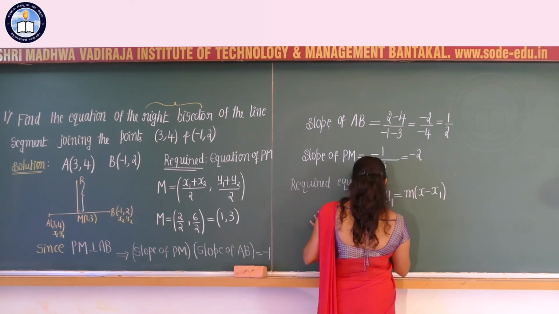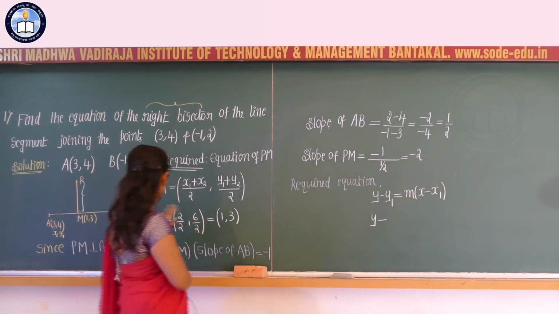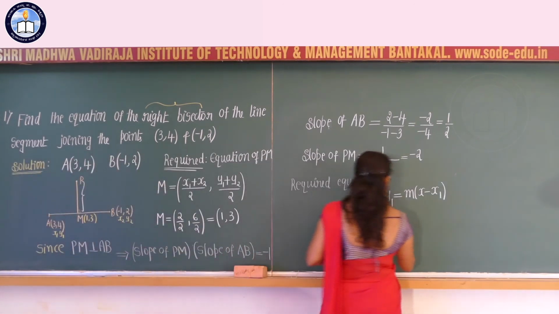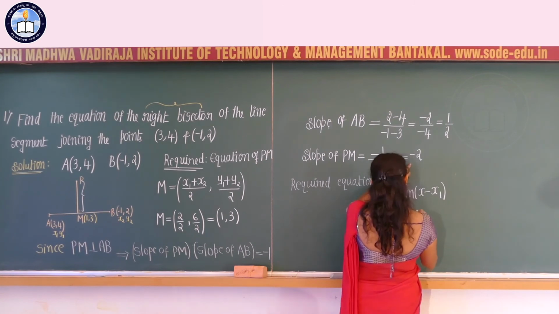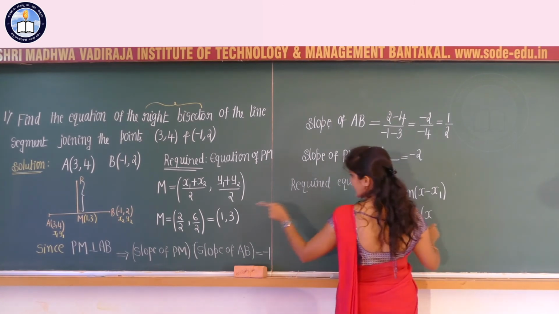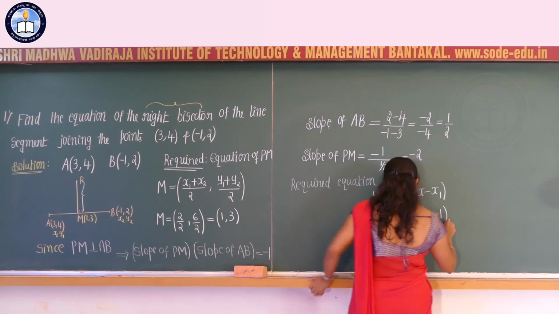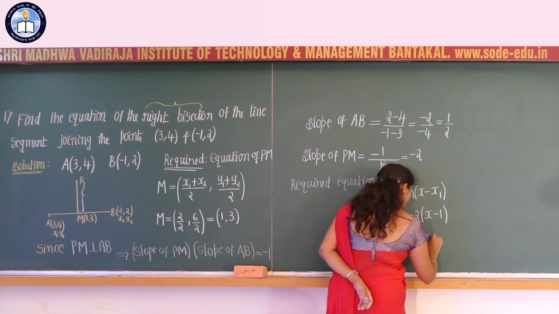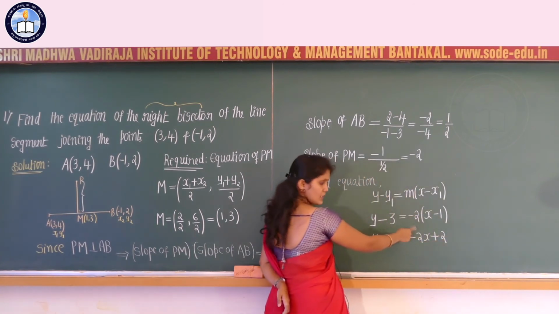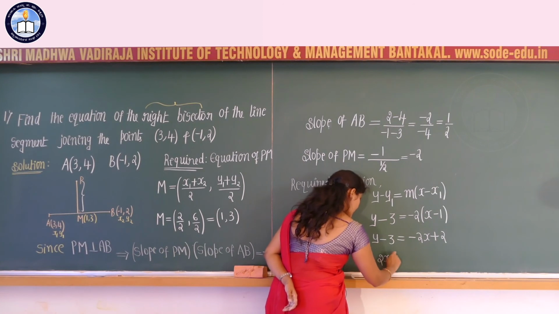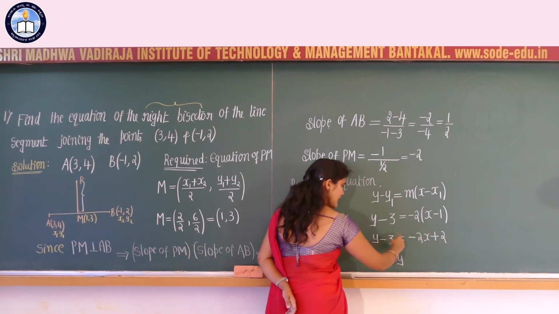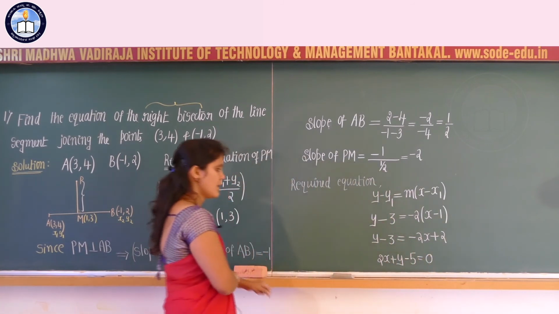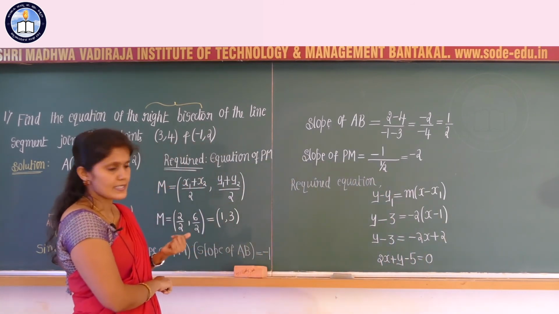The coordinates of the point M are 1 comma 3, so y minus 3 is equal to minus 2 into x minus 1. This can be written as y minus 3 is equal to minus 2x plus 2. Taking minus 2x to the LHS, that is plus 2x, plus y, and 2 to the LHS, that becomes minus 5 is equal to 0. So 2x plus y minus 5 is equal to 0.